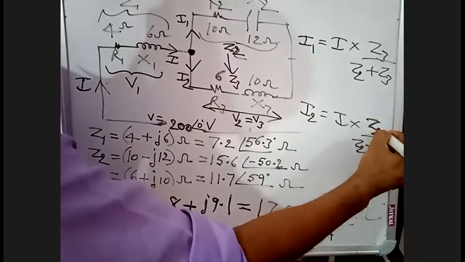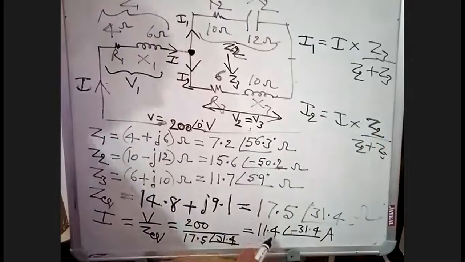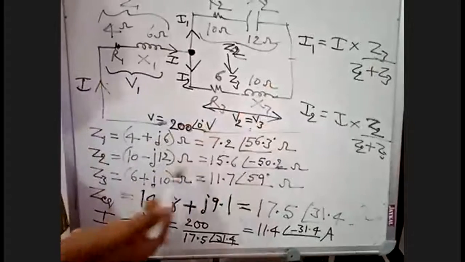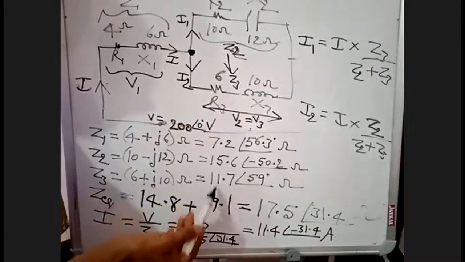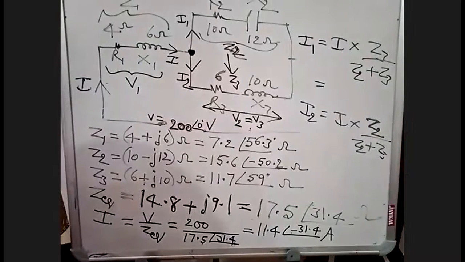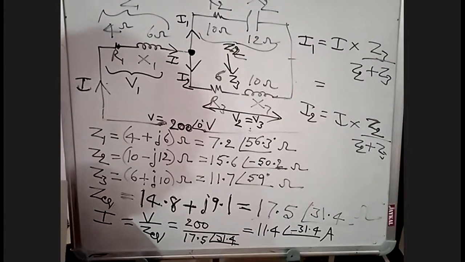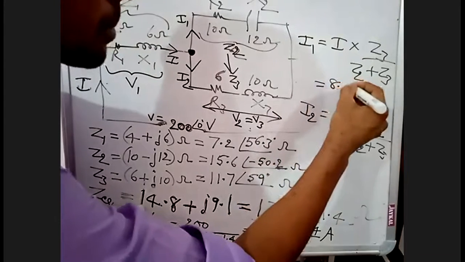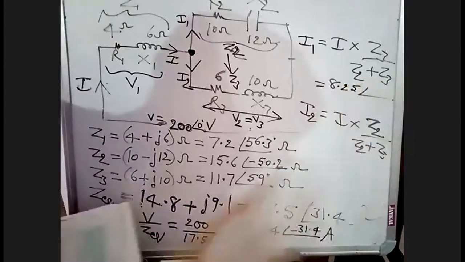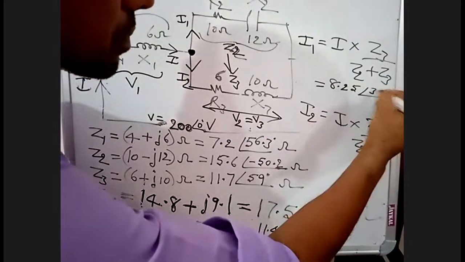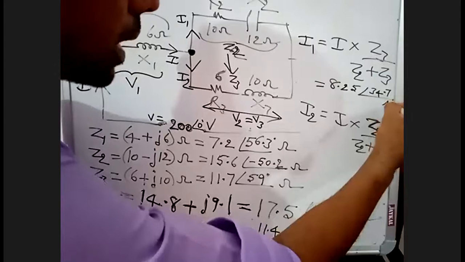I know the I value, and Z2, Z3 I also know. I'm writing the answers here; afterwards, at home, you can calculate. I1 value we'll get 8.25 at an angle 34.7 ampere.